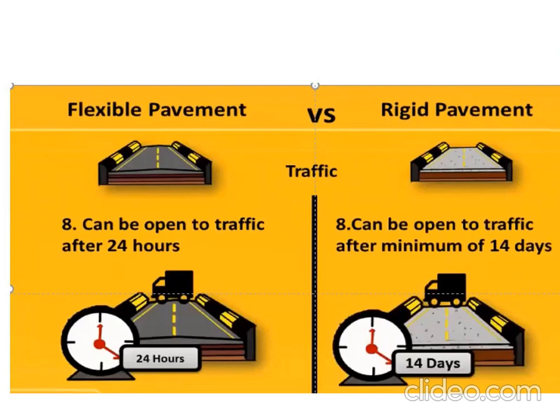The problem with asphalt is that it softens and starts flowing near 60 degrees centigrade. Once the temperature is below 60, asphalt tends to set. So if you open the traffic at around 65 degrees centigrade, just following the rule that 24 hours are enough, you will find your pavement deteriorated and damaged.